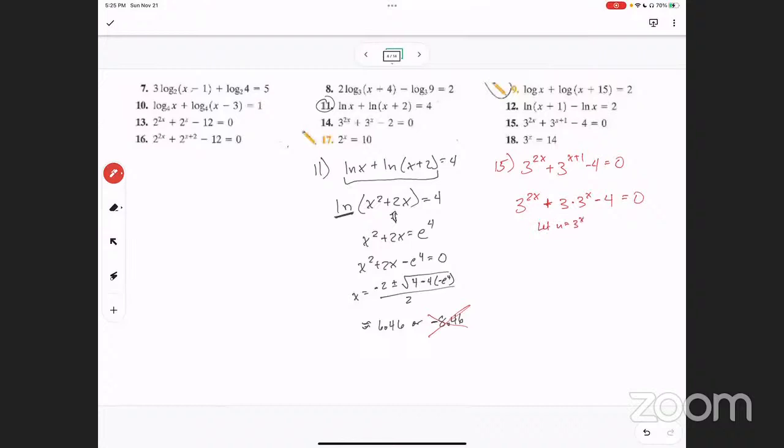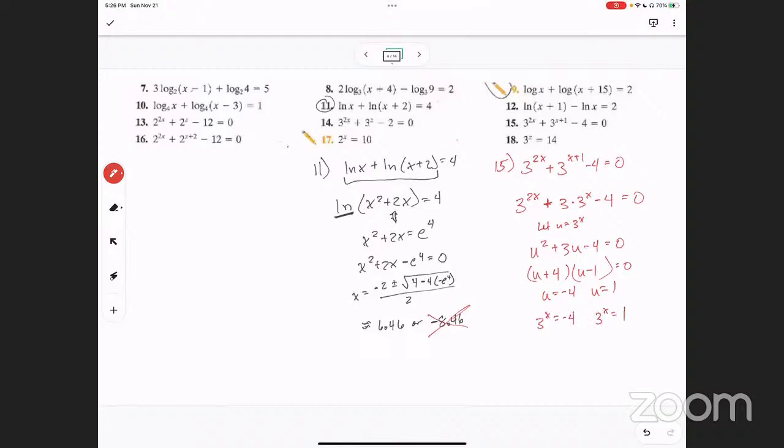So this really is just u squared plus 3u minus 4 equals 0, which factors into u plus 4 and u minus 1, which means u equals -4 or u equals 1. And remember, u was 3 to the x, so 3 to the x equals -4, or 3 to the x equals 1.